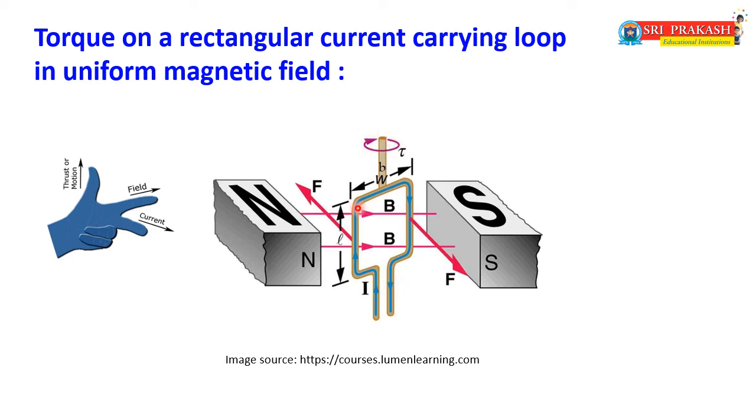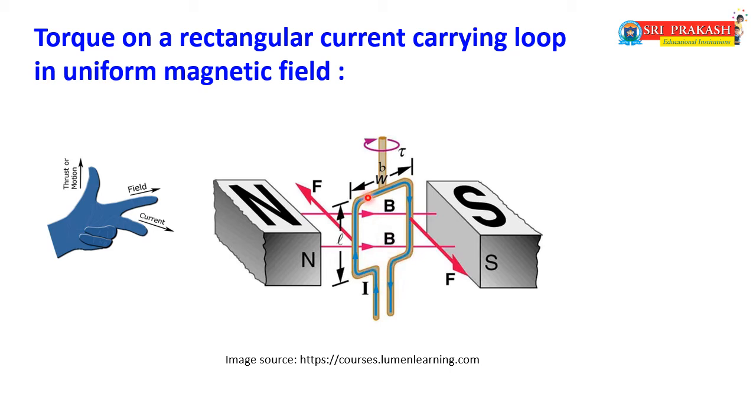But we have to analyze the remaining content also. Here we analyzed only the length element. Now for the width B. Suppose the current carrying element is in the plane of the magnetic field, then there is no force on these current carrying elements of width B, upward as well as down on this width element.